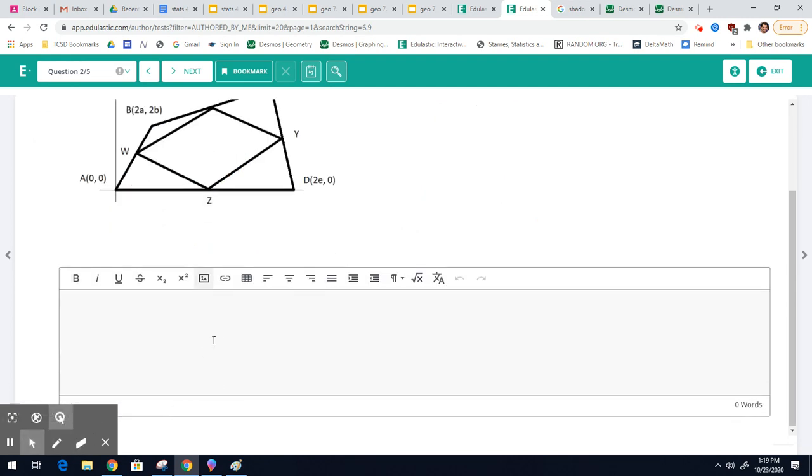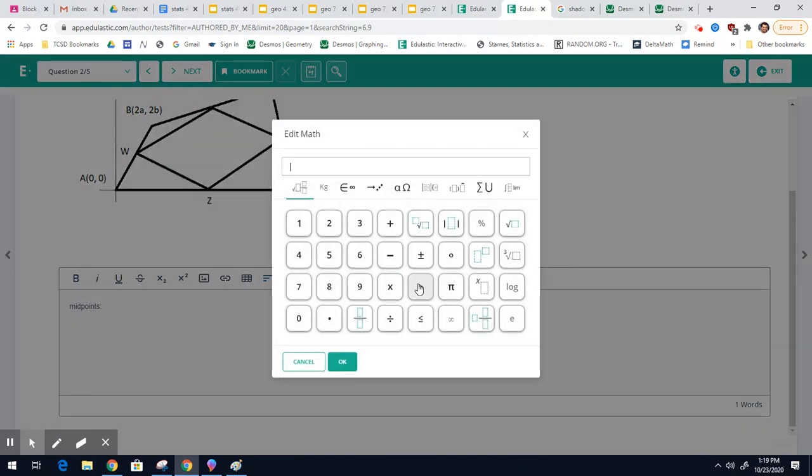Okay, so down here, this is the midpoints. And you don't have to, that's just me trying to be organized. So I found that W was a, b. I found that X was a plus c, b plus d.